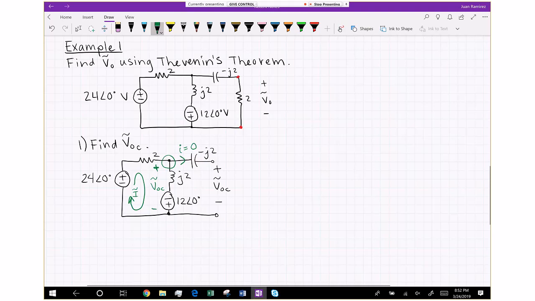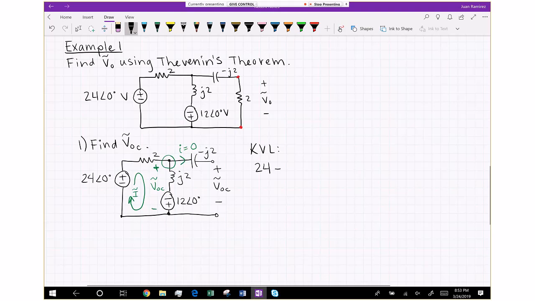Now let's do KVL. Let's say we're starting at this bottom right corner, and we follow that clockwise convention of current flow. So you have a voltage rise of 24 volts. And we've had enough exposure to know that a polar form 24 volt amplitude, 0 degree phase is equal to a real 24 volts in rectangular form.